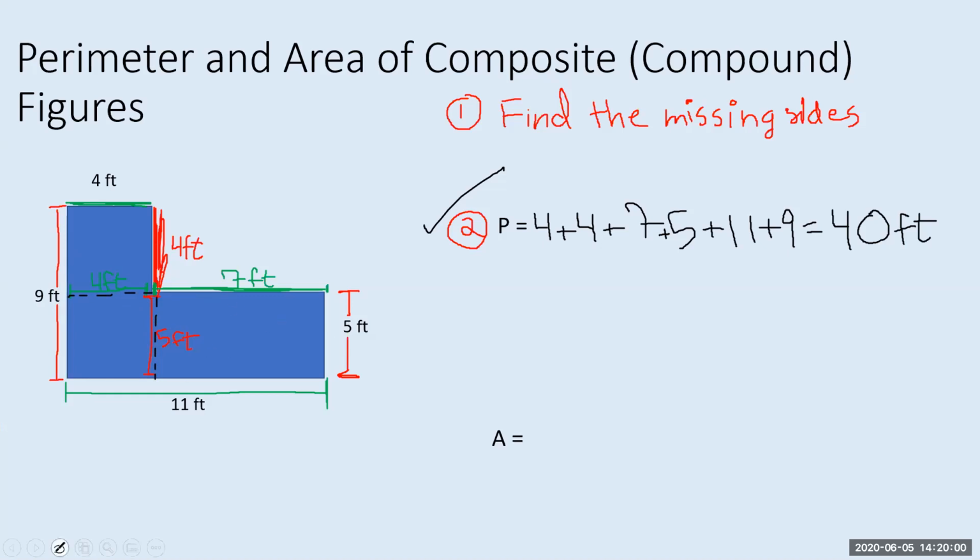So with this particular shape, you could split it up in two different ways. Either way is correct. Either way will get you to the correct answer. I'm going to leave it like this. So I'm going to have this long rectangle at the bottom and then a square sitting up top.